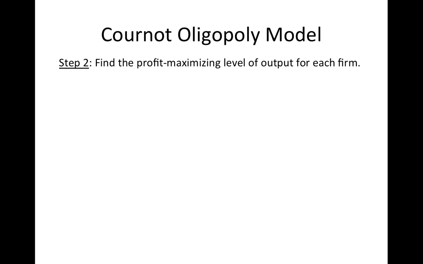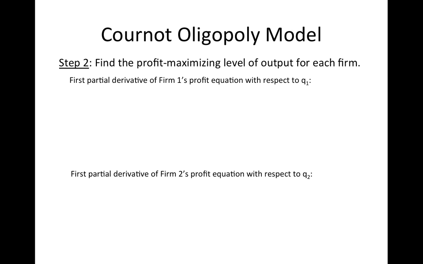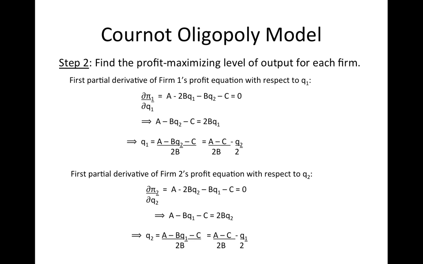To find the profit maximizing level of output for each firm, take the first partial derivative of each firm's profit equation with respect to its output level, set equal to 0, and solve for the output level. When we do this, we see that the optimal amount of each firm's output level is a function of what the other firm produces.